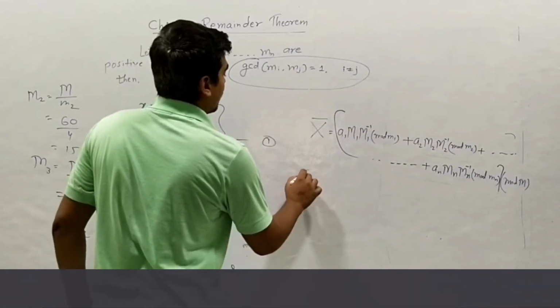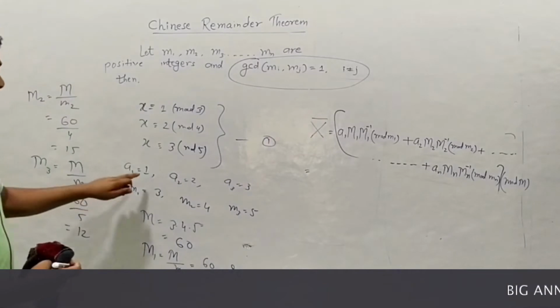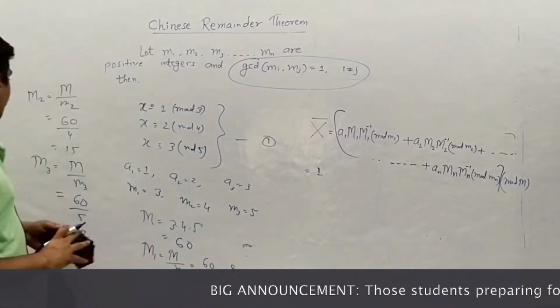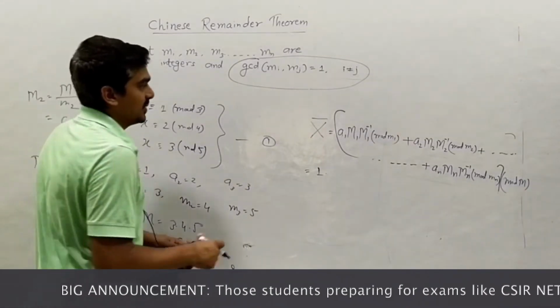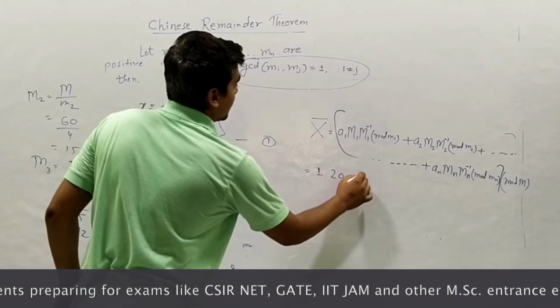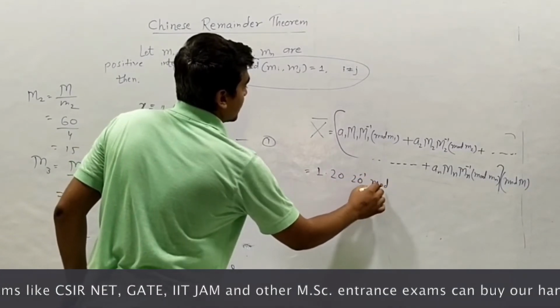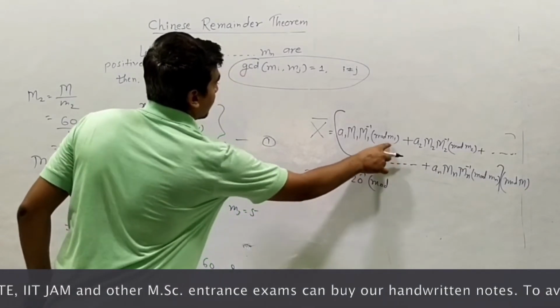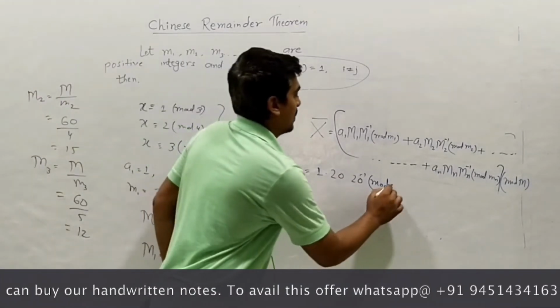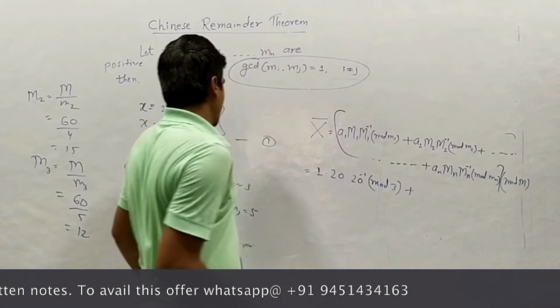Now, what is a1? a1 is 1. What is M1? M1 is 20. What is M1 inverse? That is 20 inverse, and this term is taken over mod m1. What is m1? m1 is 3, plus a2.